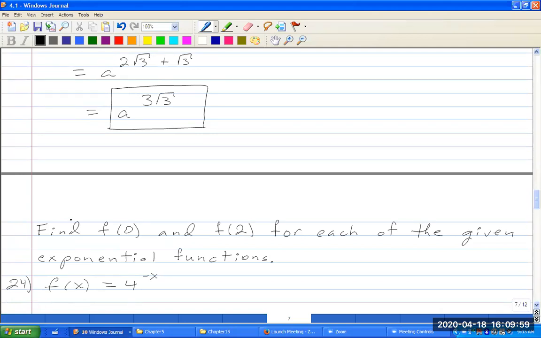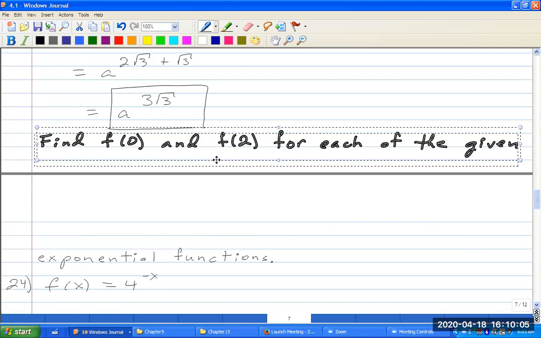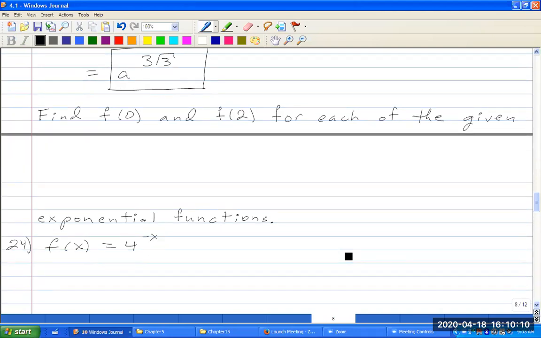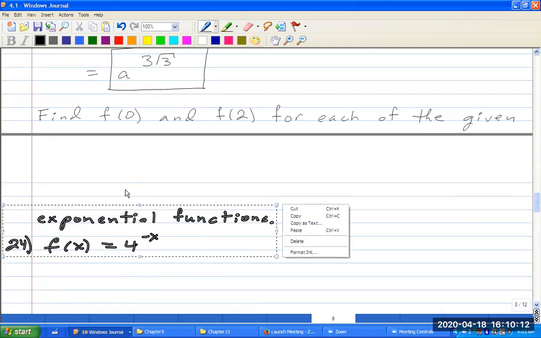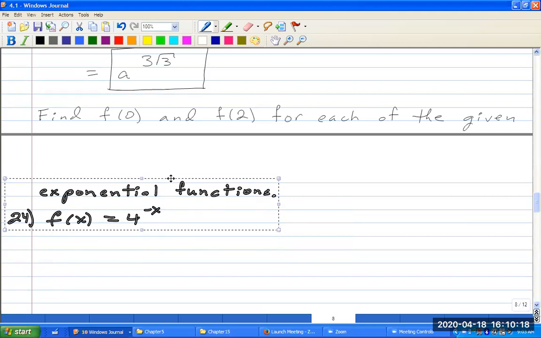Find f at 0, f at 2 for each of the given exponential functions. So let's do that.